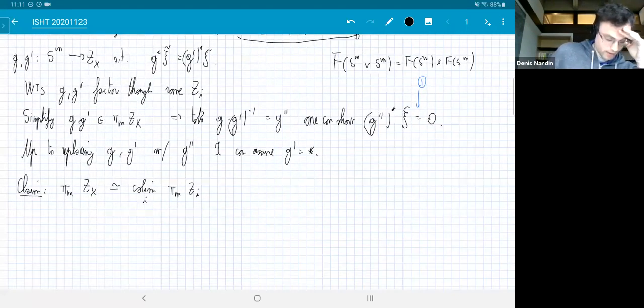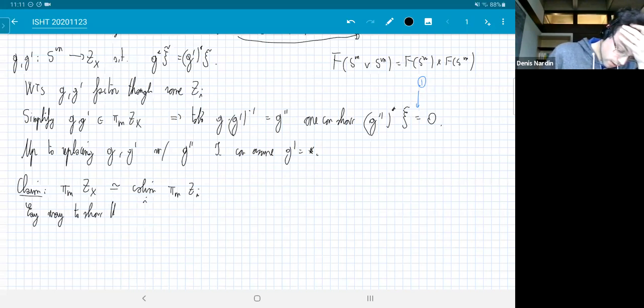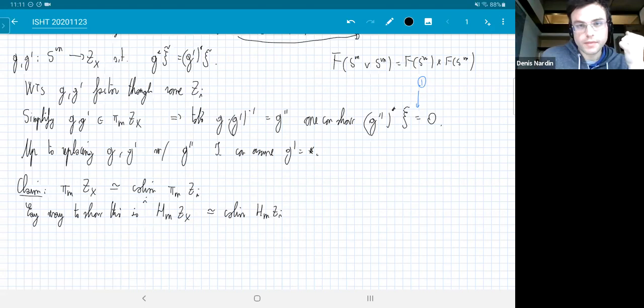Well, okay, the easy way to show this is to show that actually the homology is the colimit of the homology. And this is easy because the homology behaves properly with push-outs, and use relative Hurewicz.